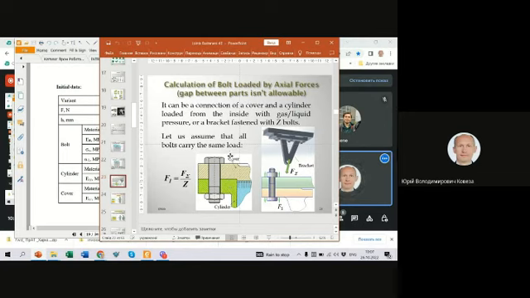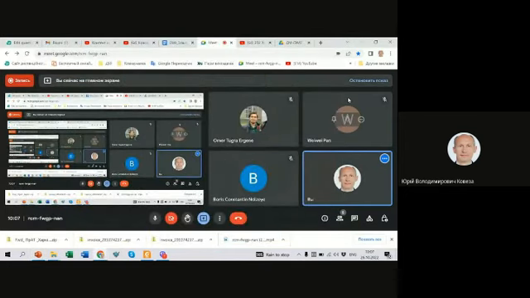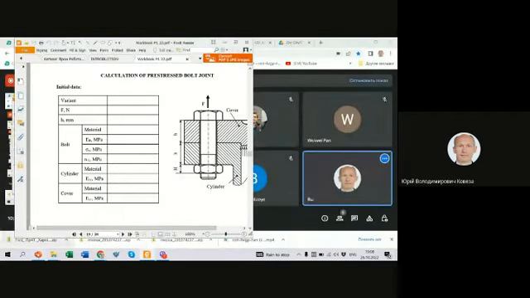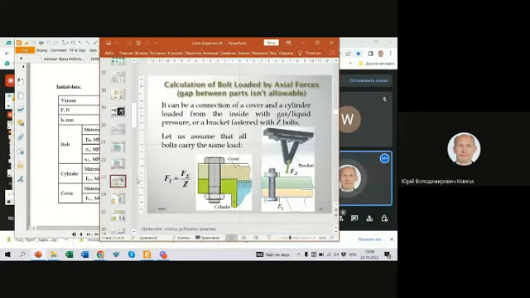So if it's a force which loads the only bolt, we should know what the bolt diameter we need to take this load, because if we create big load, we should know that our bolt can take this load.